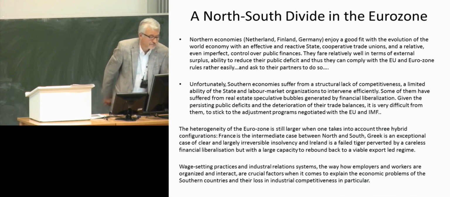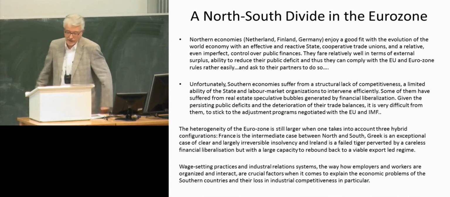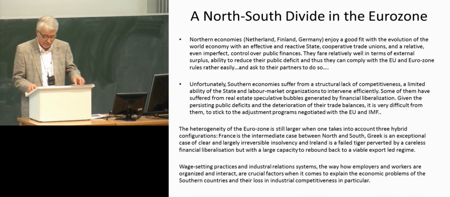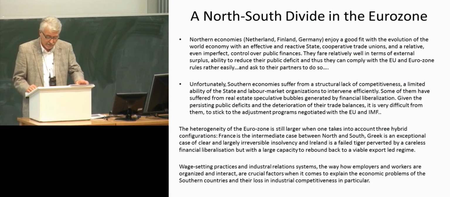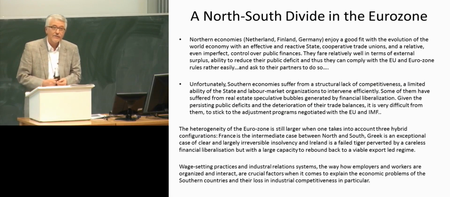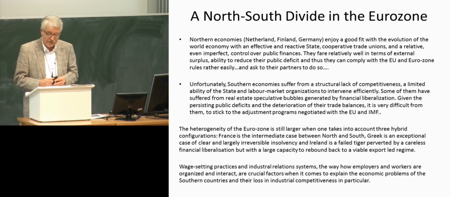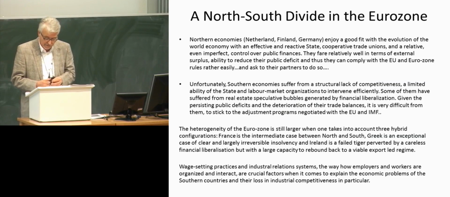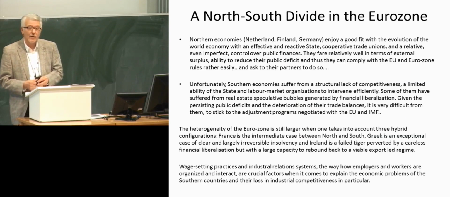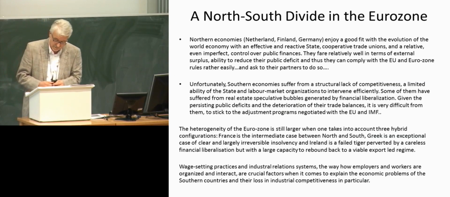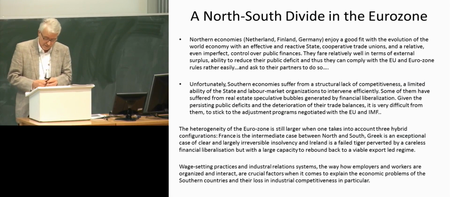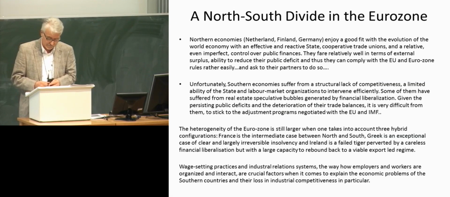They have to deal with a north-south divide, that you all know, and that means that the northern economies, Netherlands, Finland, Germany, for instance, enjoy a good fit with the evolution of the world economy, with an effective and reactive state, cooperative trade unions, and a relative, even imperfect, control over public finances.